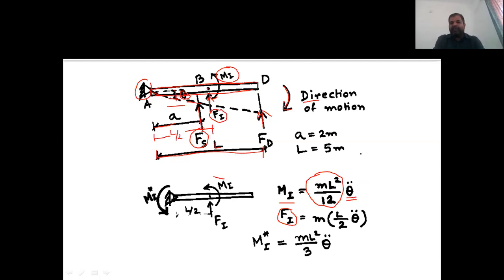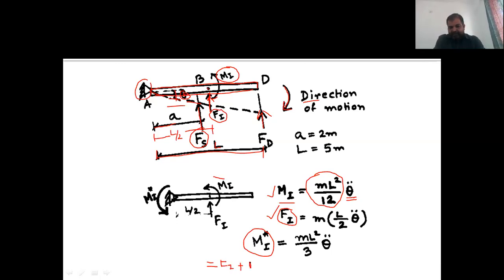Now if you want to find out the total inertia which is being transferred to this end, that is the Mi star, which is the combination of this and this. So basically Mi star is nothing but Fi plus Mi.